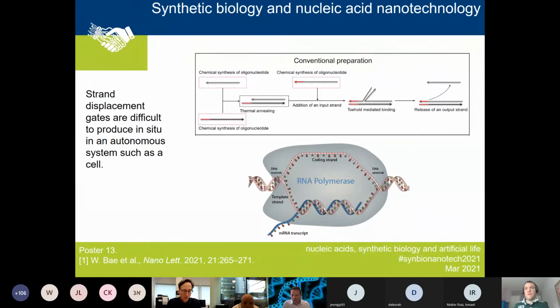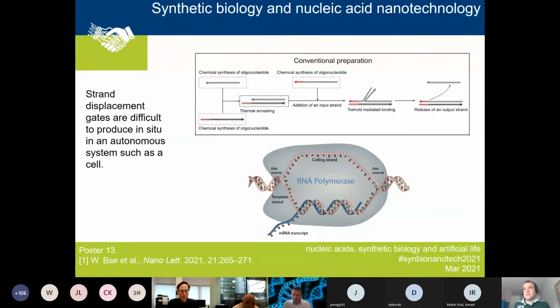One reason it's difficult is, you might say, well, cells have got the machinery that we need. They've got RNA polymerase. We can make arbitrary strands of RNA in a cell. So why can't we just make the components of this circuit?